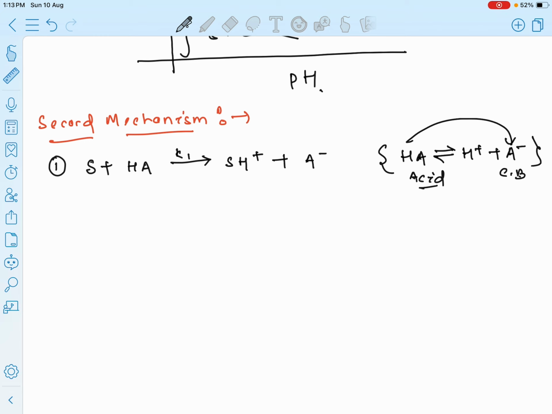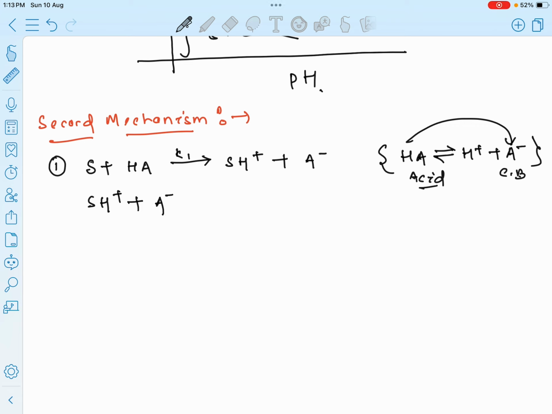So in the next step, what will happen? Due to the addition of proton to the substrate, the substrate will obviously undergo a change and a product will be formed, after the release of a proton.